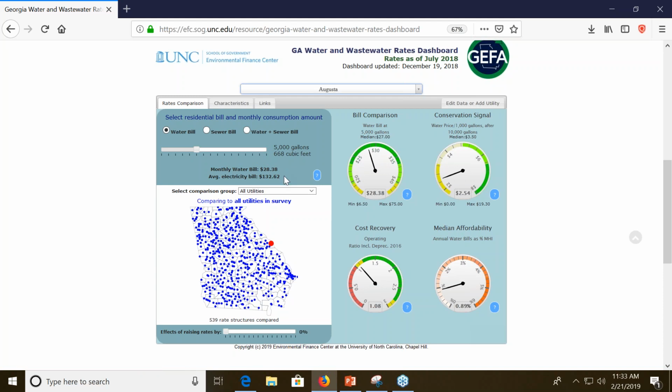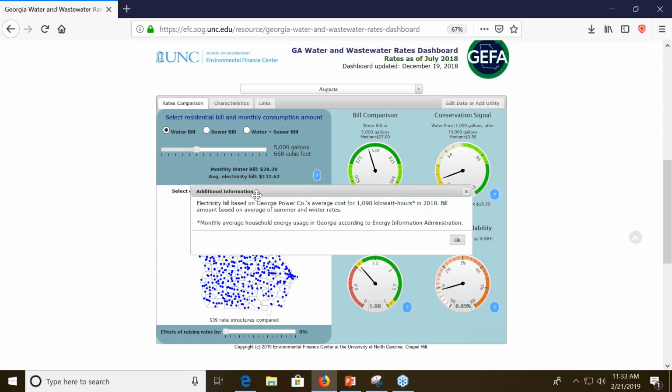These are both services that you're probably going to need to pay for every month, though you do have some influence on how much they are based on how much you're using. So if you click on this question mark here, it's going to tell you where that data came from. This is based on 1,098 kilowatt hours, and it's an average of both the summer and winter rates.